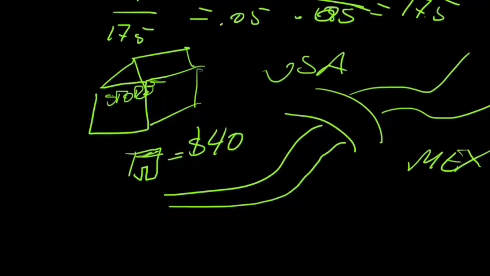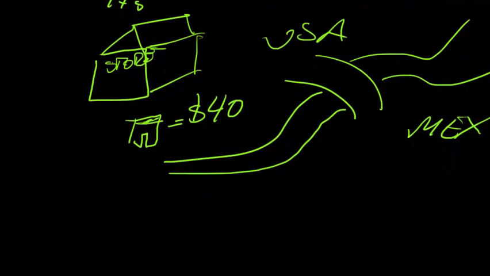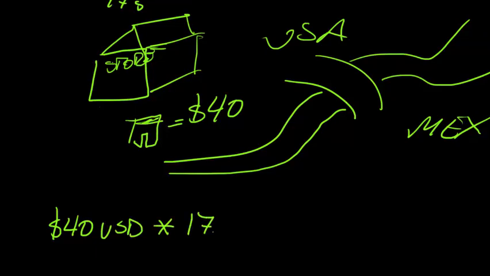Well, how many pesos do they need to accomplish that? We would take the dollar amount of the jeans and multiply it by the peso to dollar rate. Another great way to think about this is that these dollars are in USD, and I'm going to multiply them by the rate, 17.5 MXN over USD.